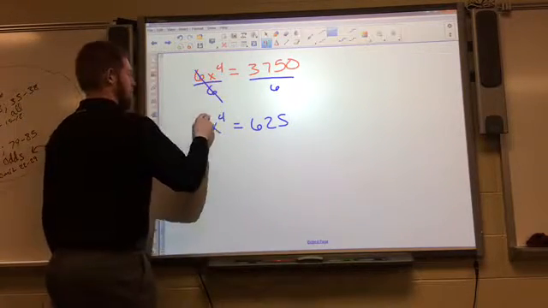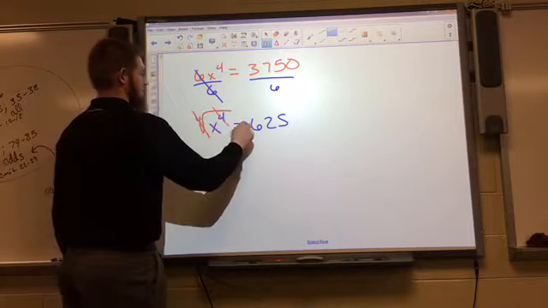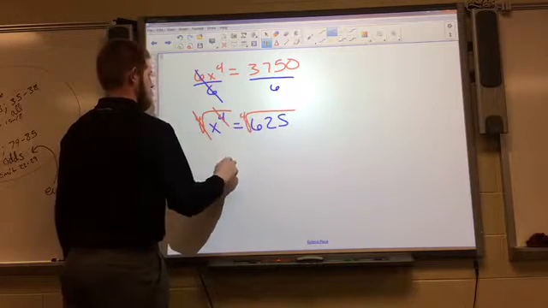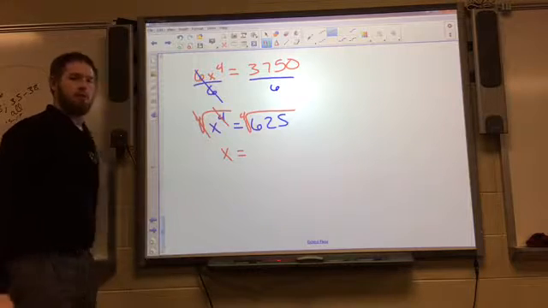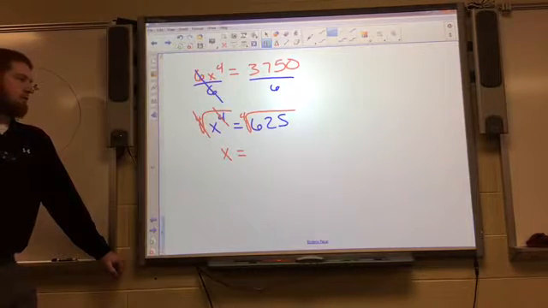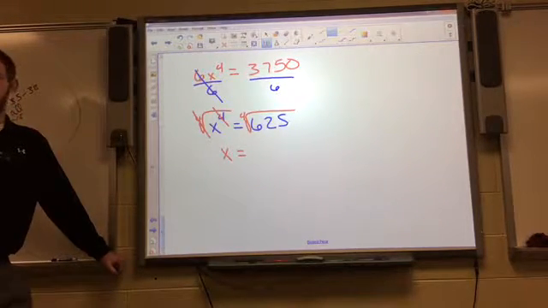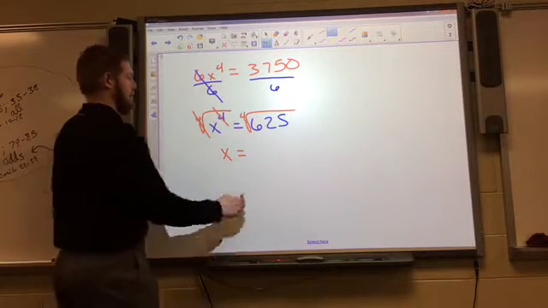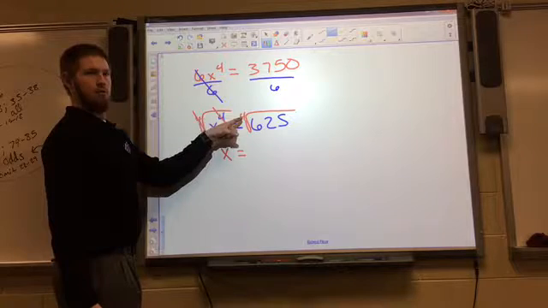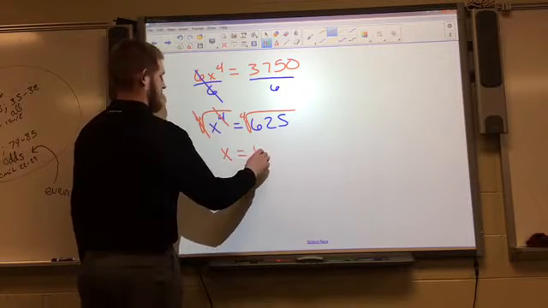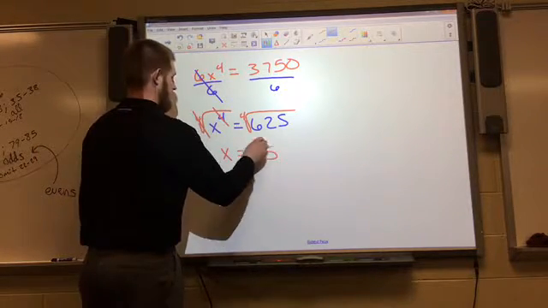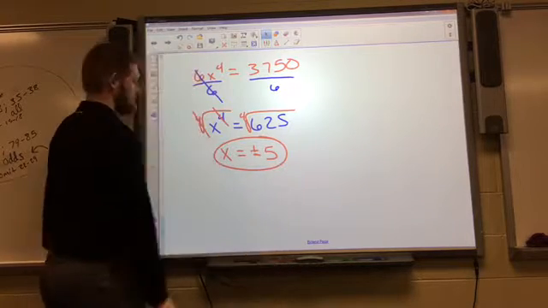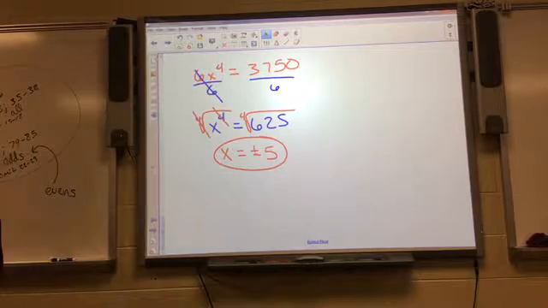You don't square root it, you 4th root it. Those cancel. You take the 4th root of 625, which is probably able to do in your calculator. And what do you get? You get 5. Now, even radical, so plus or minus 5.